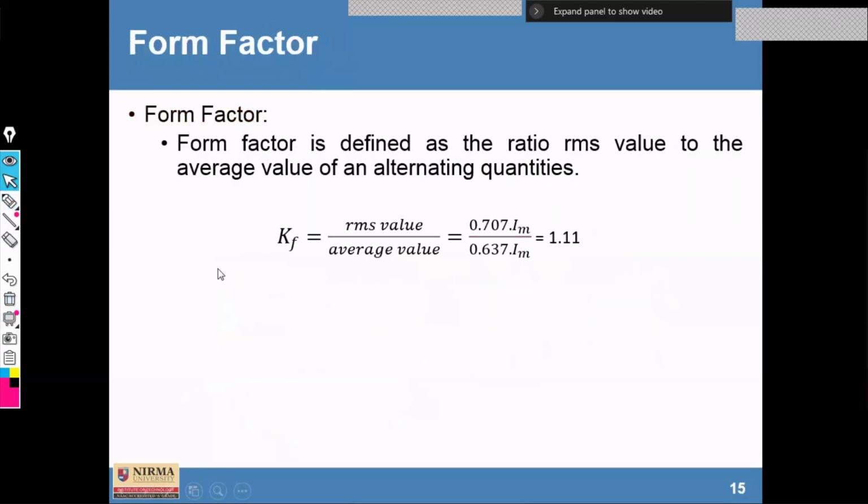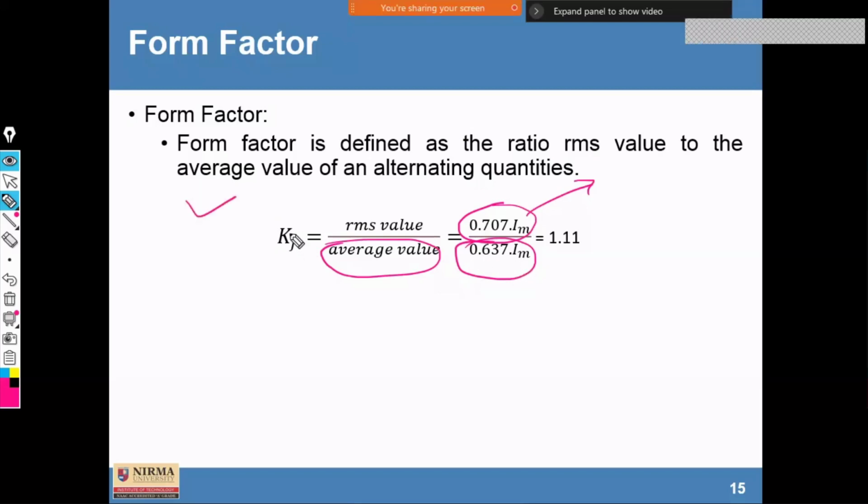So let us have a definition of form factor and peak factor here. So form factor is defined as the ratio of RMS value to the average value of an alternating quantities. So RMS value in terms of maximum value, it is 0.707 IM, which we are going to derive analytically in the next lecture. And similarly, we can find the average value that is equal to 0.637 times maximum value. Fine.